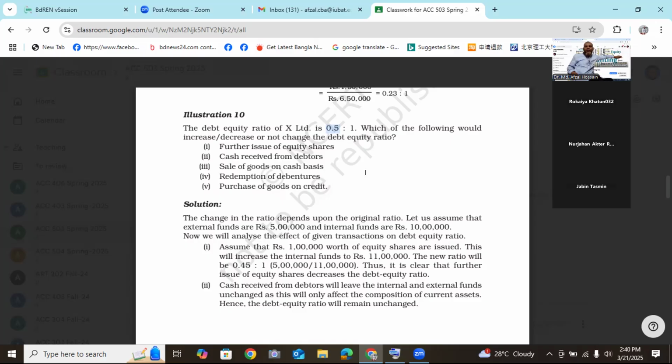Okay, so what is number one? Further issue of equity shares. What is the impact on your debt to equity position: increase, decrease, or no change? Rokeya Khatun, can you answer this problem?